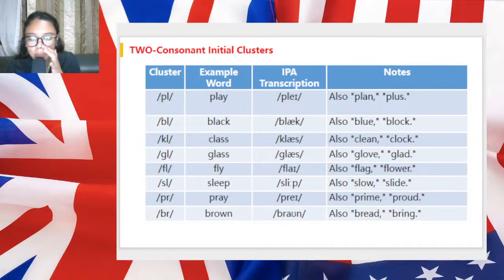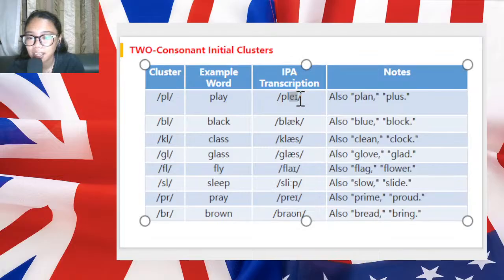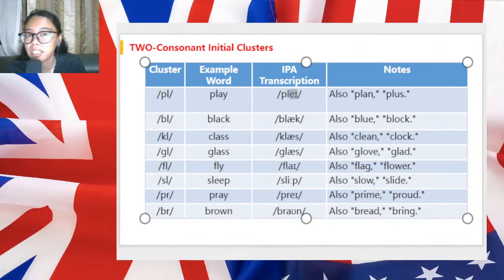Starting with this one: pl, play. Play has a clear diphthong sound. We're already familiar with diphthong, right? It's when a vowel sound smoothly glides to another vowel sound.